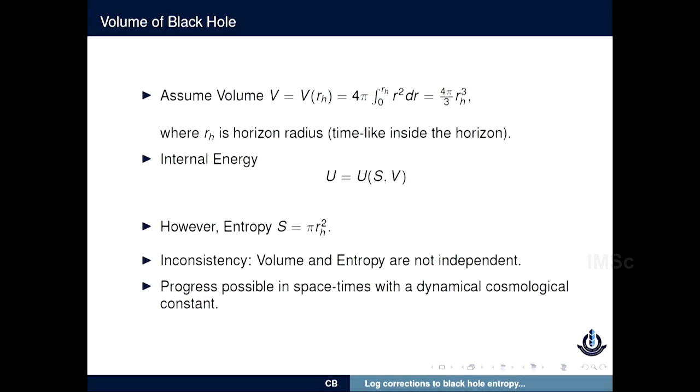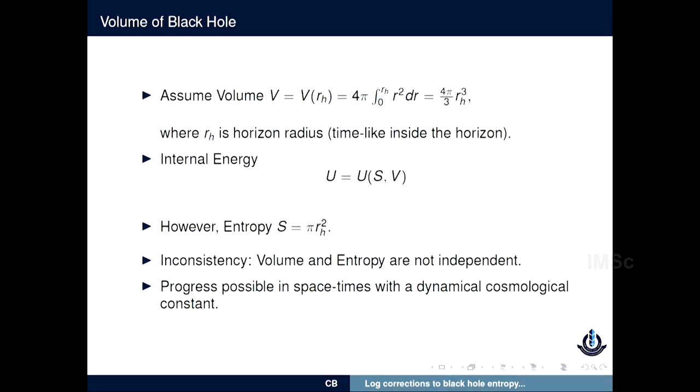Naively, you can try to associate a volume to the black hole in this fashion, but then the internal energy will be a function of both entropy and volume, and since volume is already a function of horizon radius, entropy is also a function of horizon radius, so this description is a bit redundant and leads to some kind of an inconsistency.